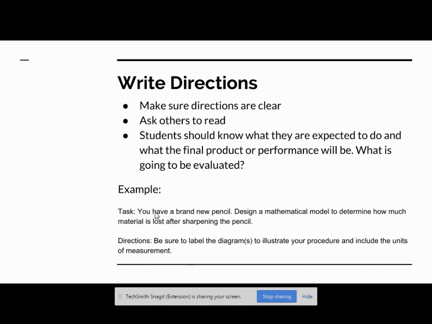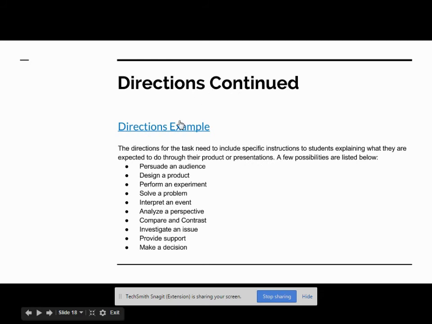Design a mathematical model to determine how much material is lost after sharpening the pencil. Very simple, straightforward task. The directions: be sure to label the diagrams to illustrate your procedure and include the units of measurement. So again, the directions don't need to be cumbersome. They just need to be clear and easy to understand.